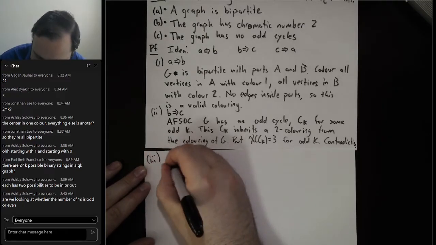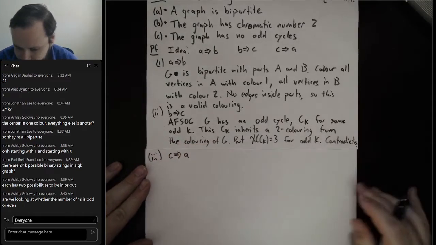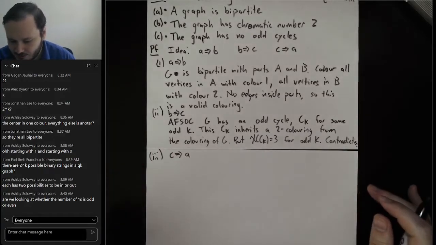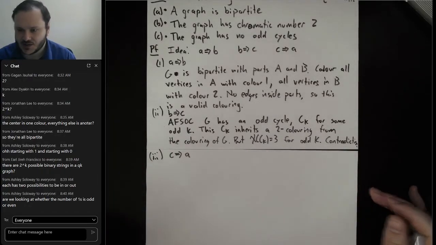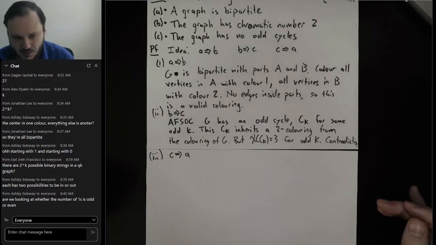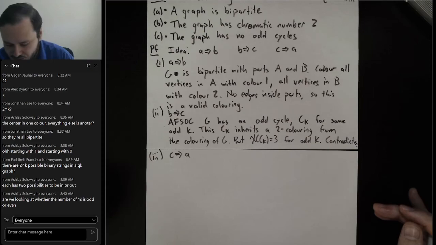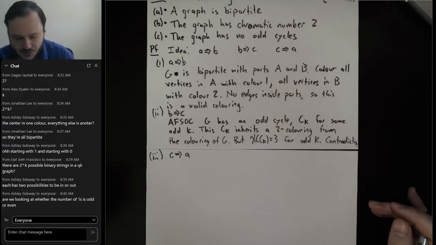I need to prove that C implies A. If the graph has no odd cycles, then it is bipartite. What I'm going to do is build the partition.